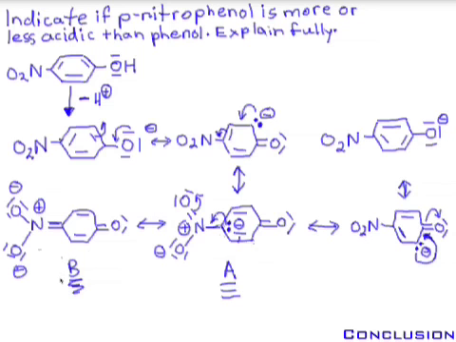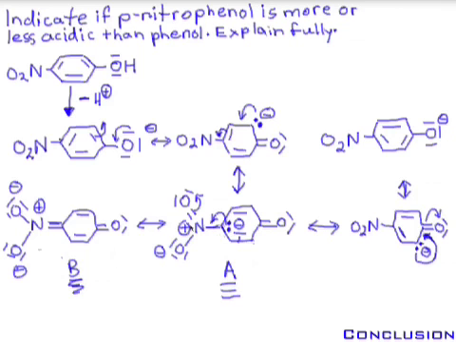And it's not just 6 contributors. The 6th contributor delocalizes the negative charge even further. Because there's more resonance contributors, the negative charge is spread out more. The anion that forms is more stable. If the anion's more stable, that means you will have a greater tendency to lose H+.